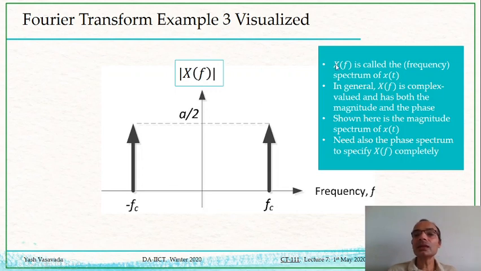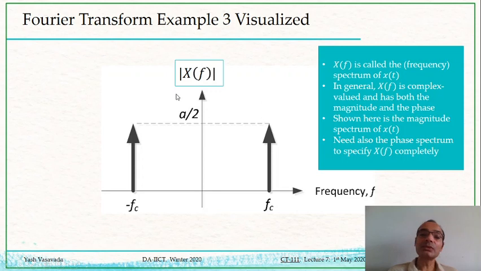Now, typically x of f is going to be a complex number. That is what we saw on the previous slide, that there was actually a divided by 2 j, where j is a complex number, it's an imaginary number. So whenever we are dealing with complex numbers, we can't just simply plot a complex number in a two-dimensional plot the way I have done here.